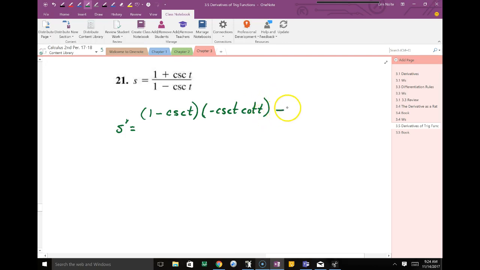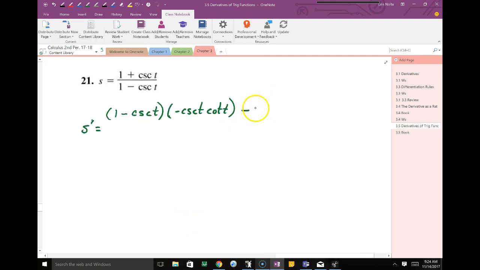Okay, then it goes minus my hi. What's my hi? I like using x's because it stresses me out with the t's. d ho, what's the derivative of my ho? What's the derivative of 1 minus cosecant?